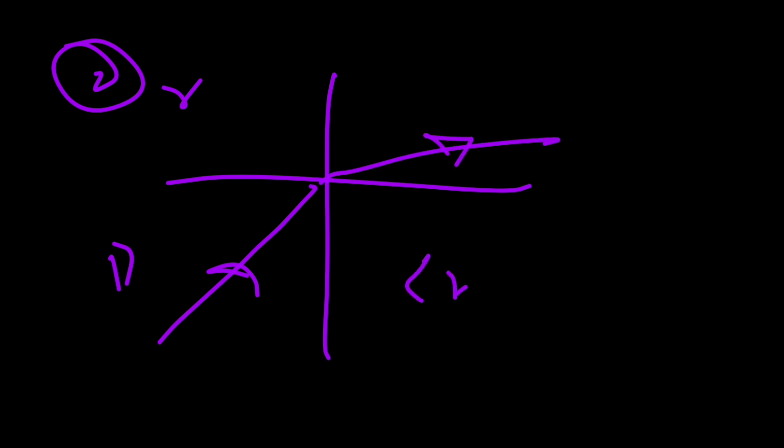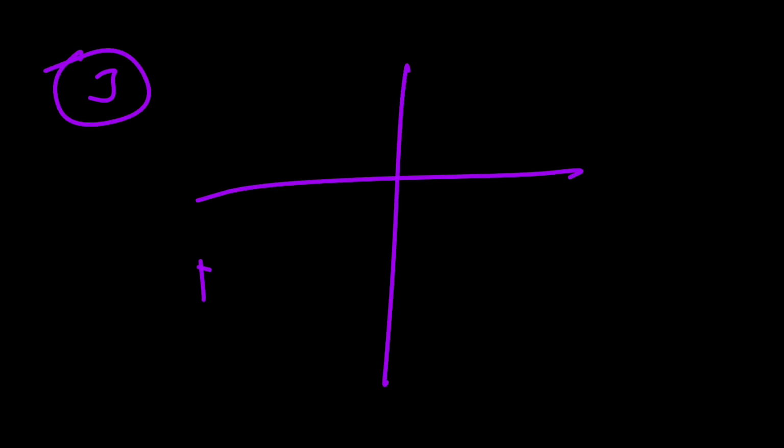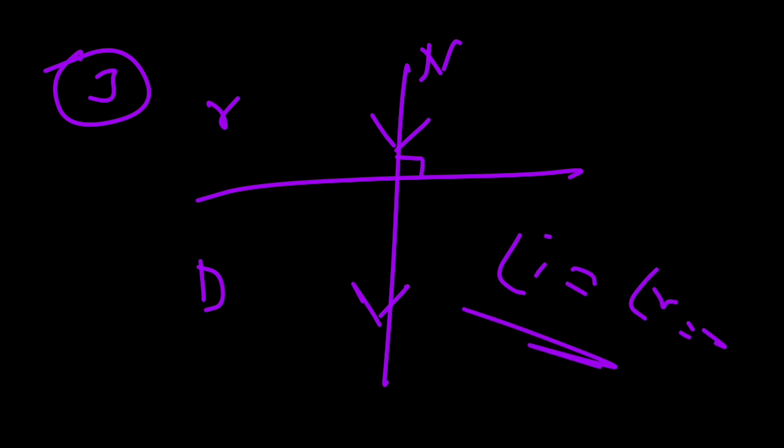In this situation, angle R is greater than angle I. Third situation: if the light ray passes directly along the normal, there is no bending of light. Angle I and angle R are both equal to 0. We discussed this already.